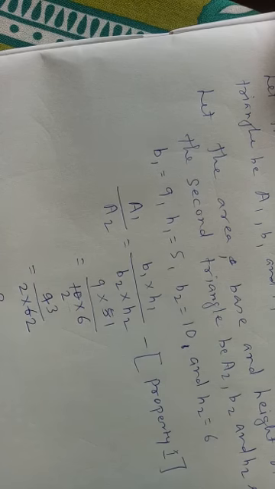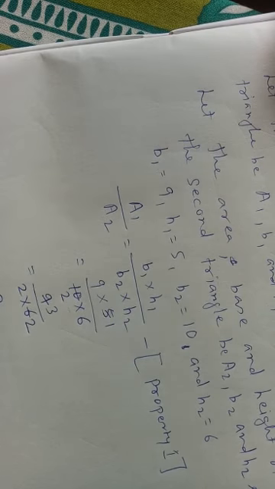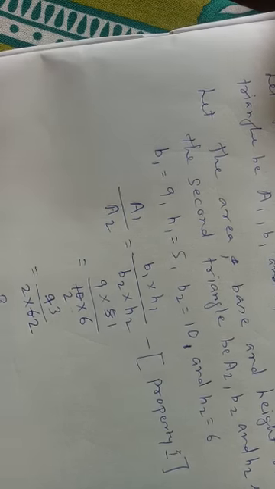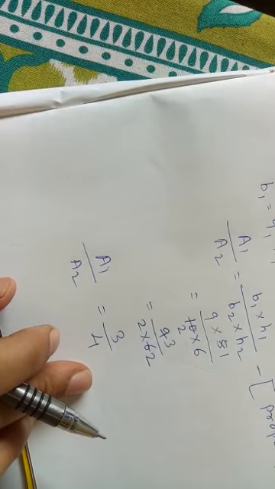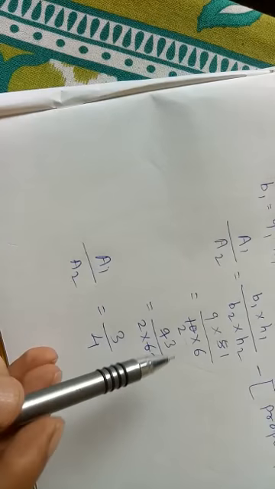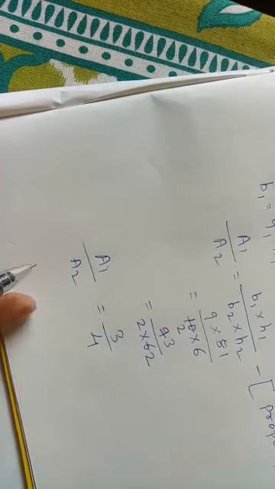So 3 upon 2 2s are 4. So A1 upon A2, that is the ratio of areas of two triangles, is equal to 3 upon 4. So we need to write this. A1 upon A2 is equal to 3 upon 4. We got this. You must have understood this calculation.